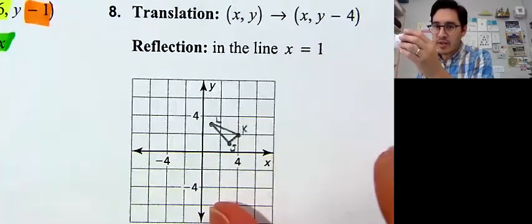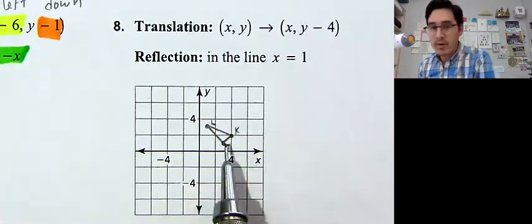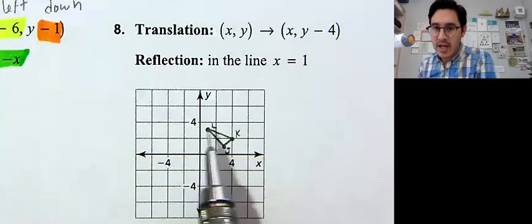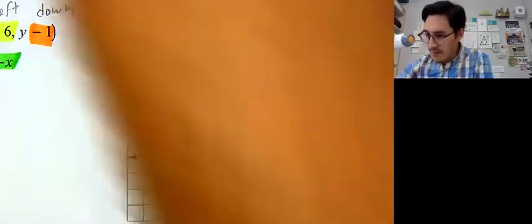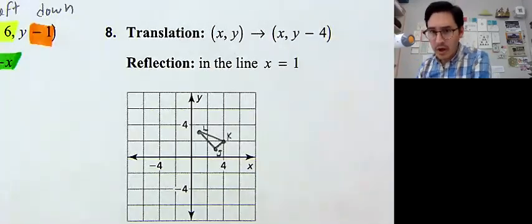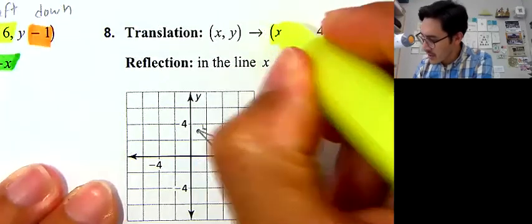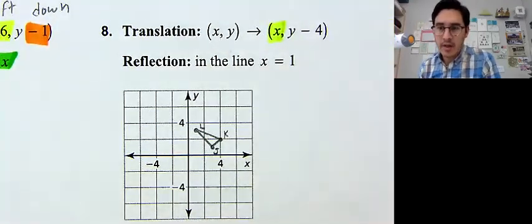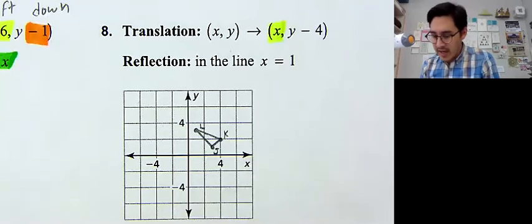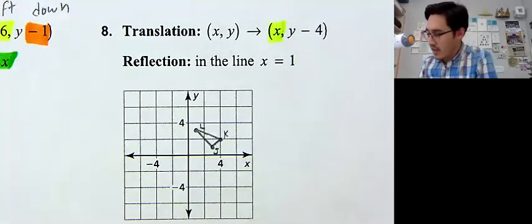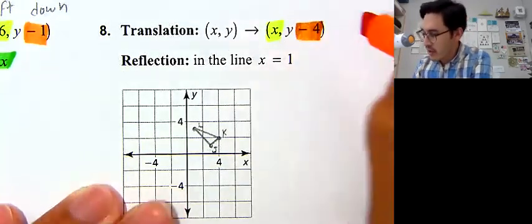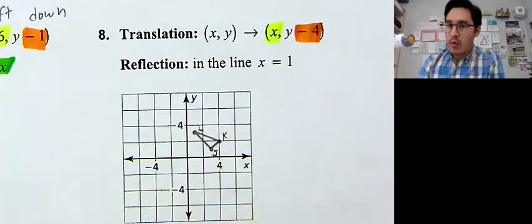All right, let's try that process one more time. We have the same triangle, JKL. This time, our translation rule says to leave x alone, so we're not going to move it horizontally at all, but we will subtract 4 from the y coordinate.